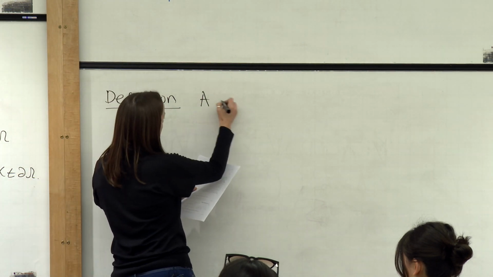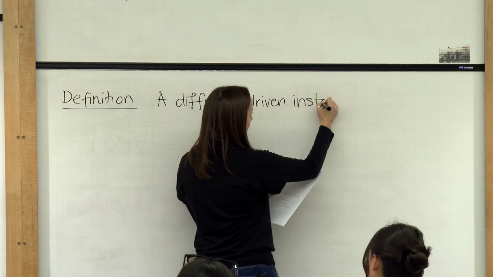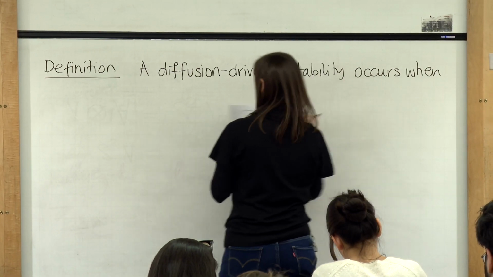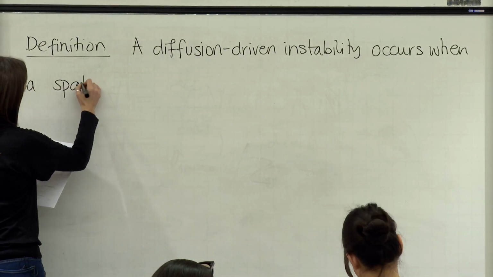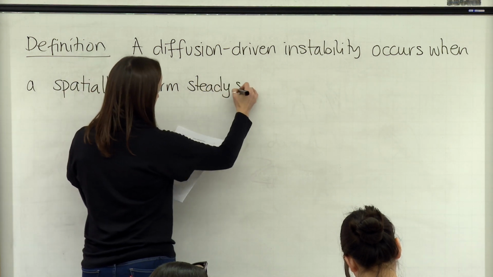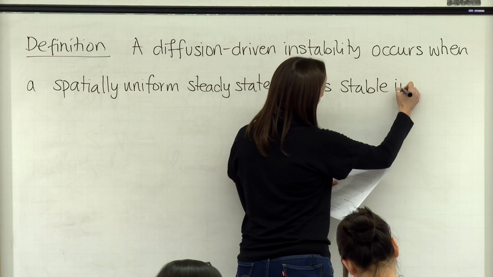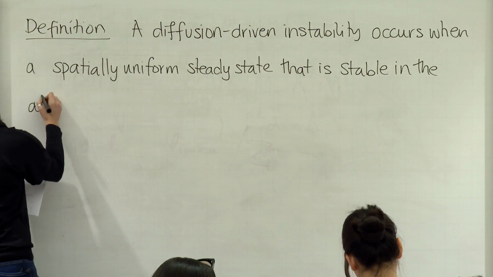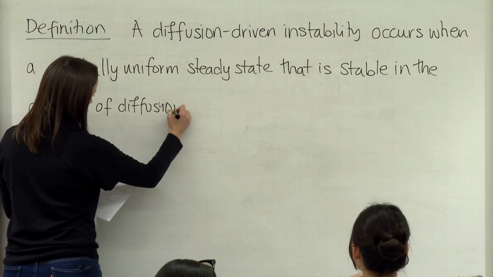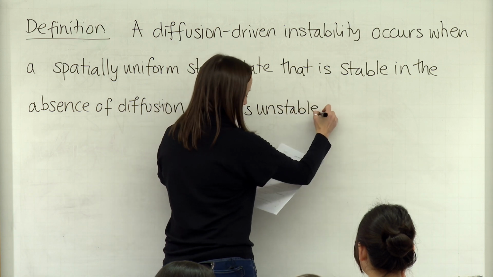A diffusion-driven instability occurs when a spatially uniform steady state that is stable in the absence of diffusion becomes unstable when diffusion is present.